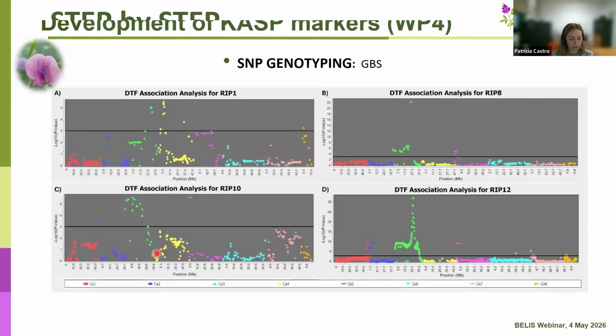From the association analysis, we identified several genomic regions that are specific to certain populations. For example, here the region in chromosome 1 that was only in population 12, and the region in chromosome 4 that is located in population 1, here highlighted in yellow.